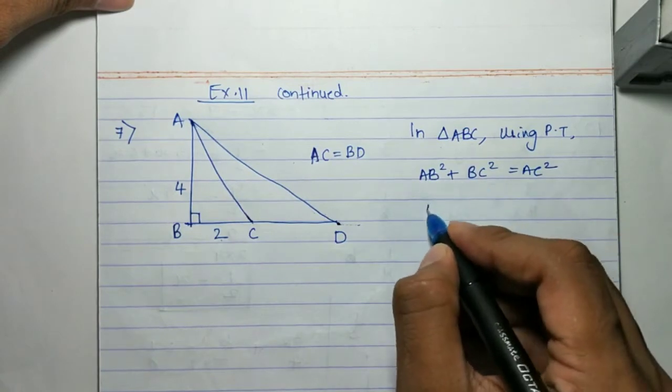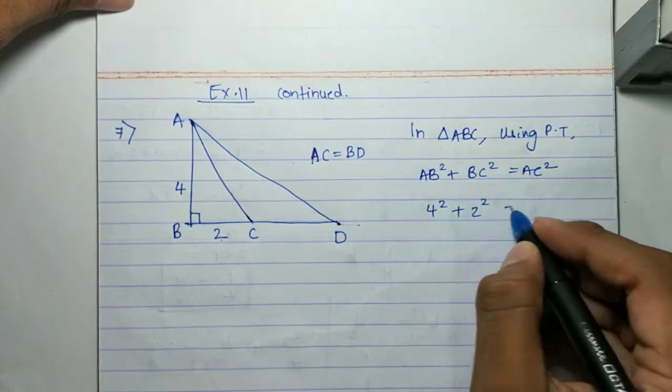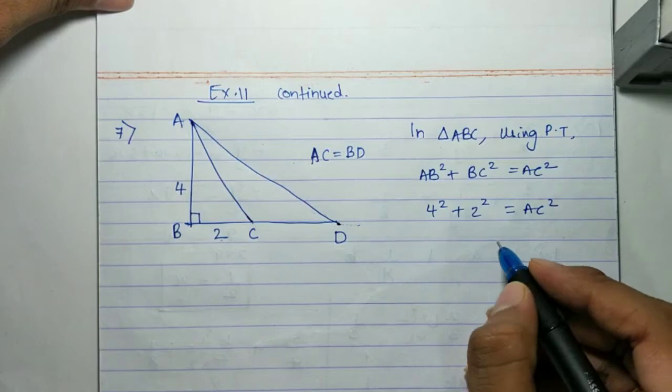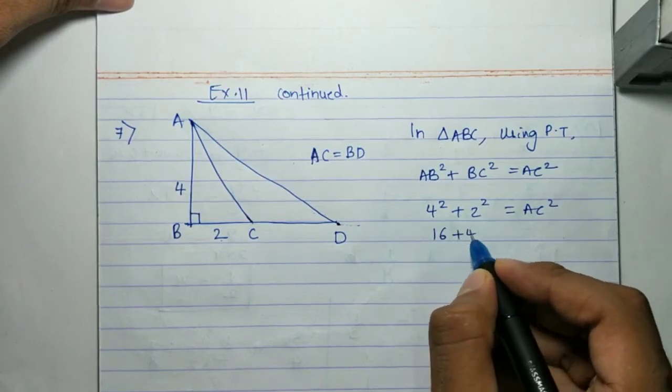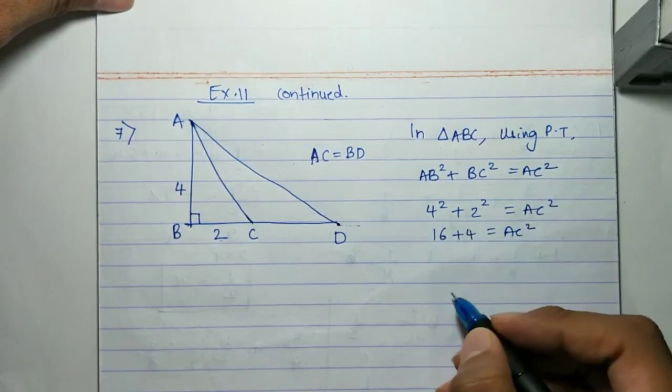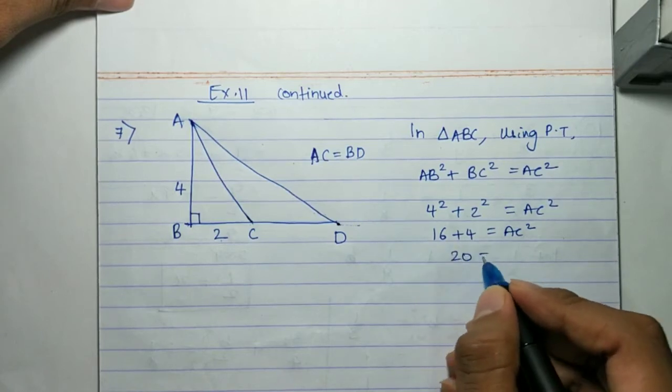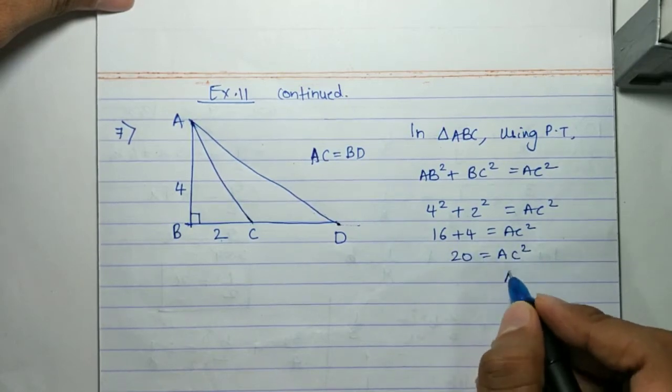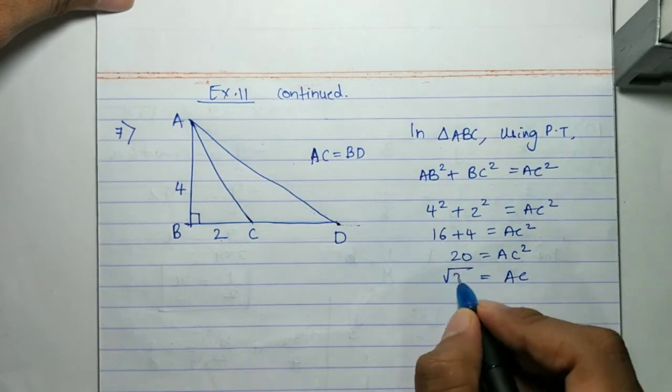Correct? So AB is 4 square plus 2 square equals AC square. So that is 16 plus 4 equals AC square. So 20 is equals to AC square. So AC is root 20.